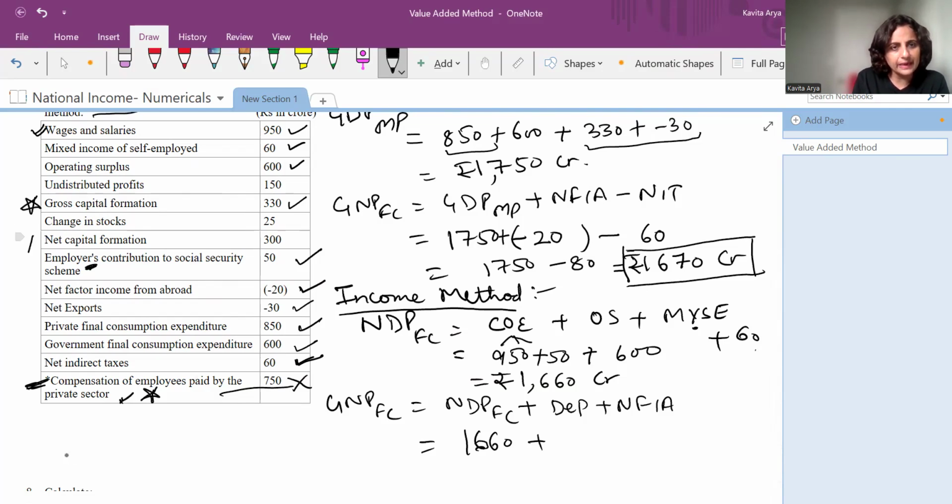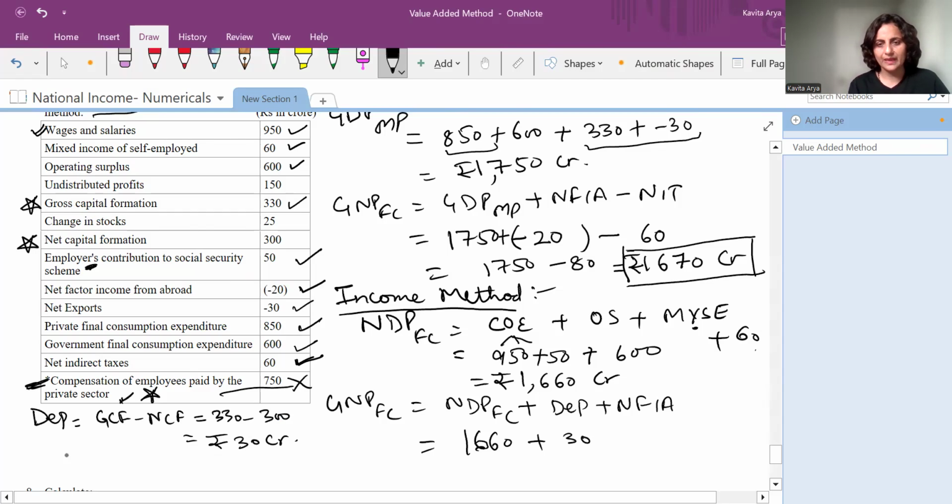When gross and net components are given, that is simply meant to give you depreciation. So I'm just writing as a working note here. Depreciation here is gross GCF minus NCF, and that will give me 330 minus 300. 330 minus 300, that gets me rupees 30 crores is depreciation.